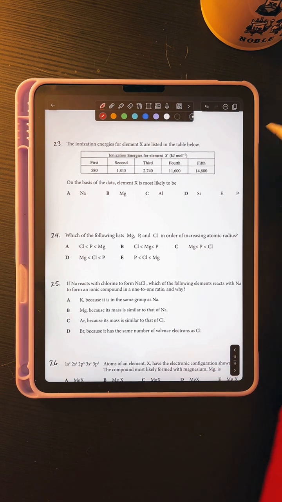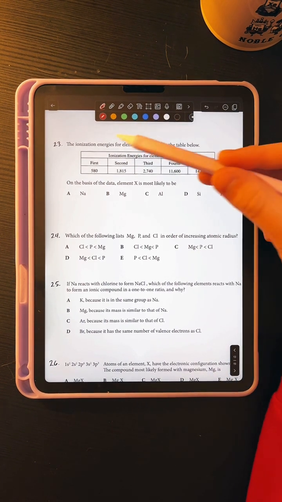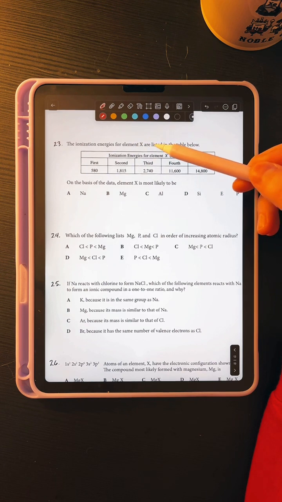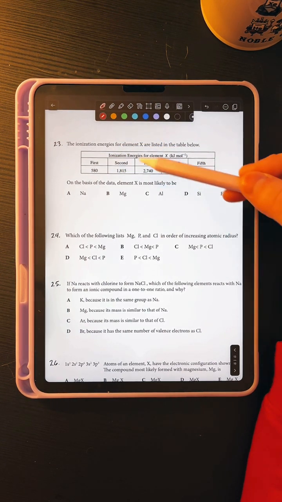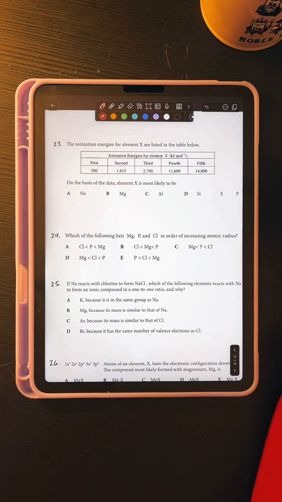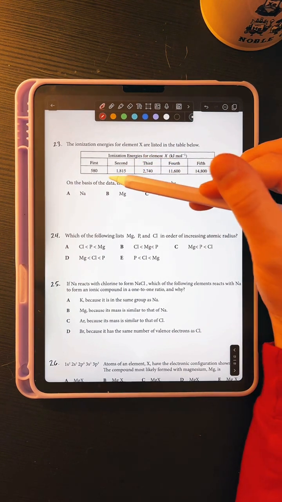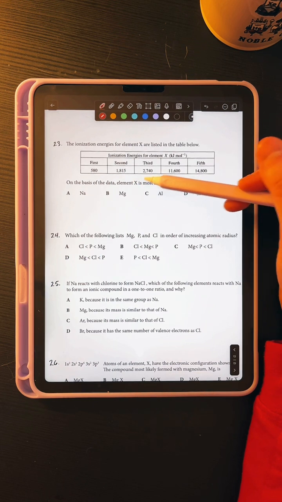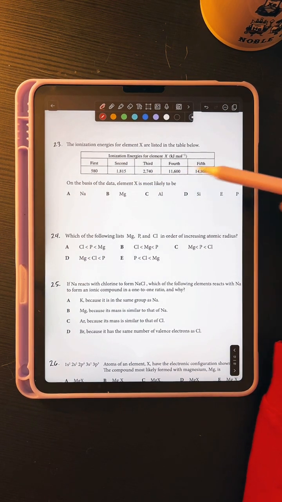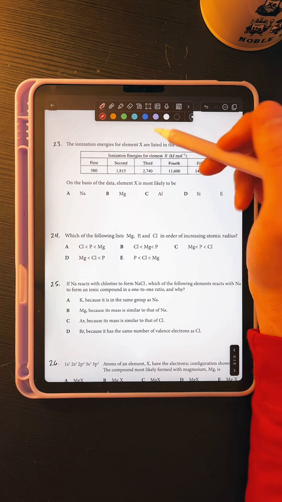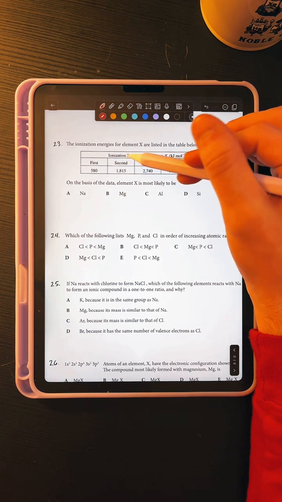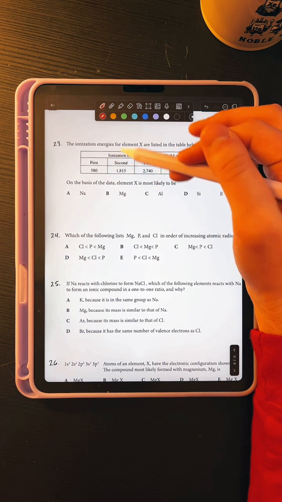Okay. Number 23. The ionization energies for the element X are listed in the table below. And we're given 1, 2, 3, 4, 5 ionization energies. On the basis of the data, element X is most likely to be what? So let's talk about what these values mean. Ionization energy is the energy needed to ionize something.